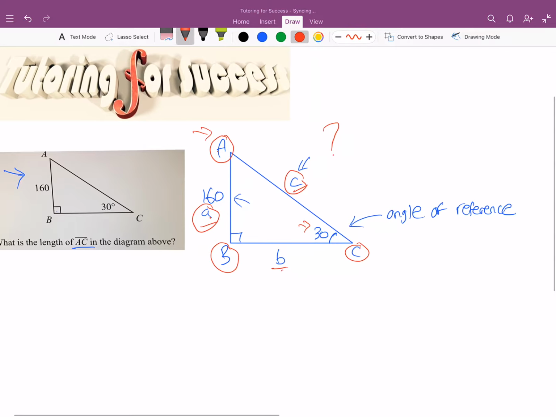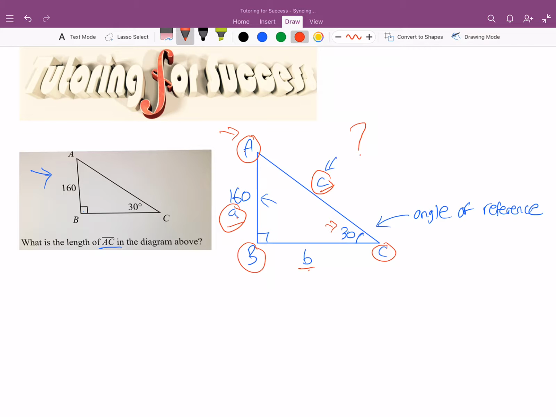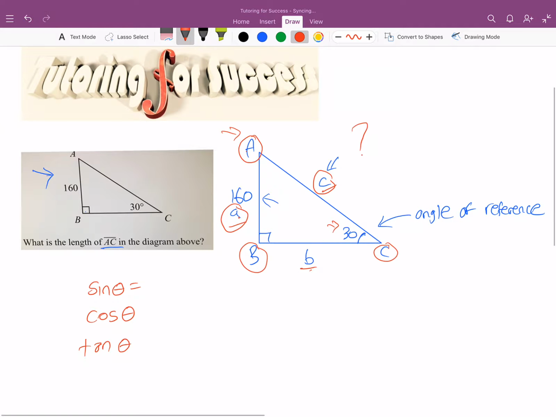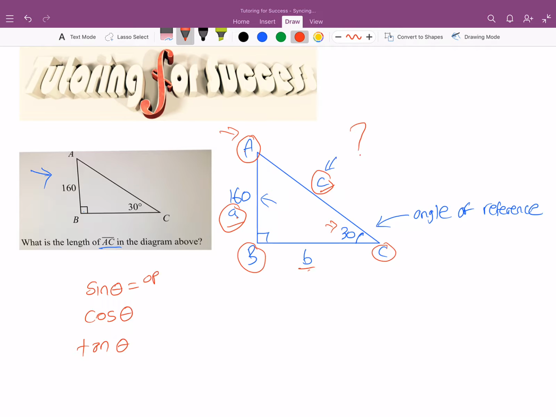So let's find out. There are three standard expressions: sine theta, cosine theta, and tangent theta. Sine theta is opposite over hypotenuse. Cosine is base over hypotenuse.